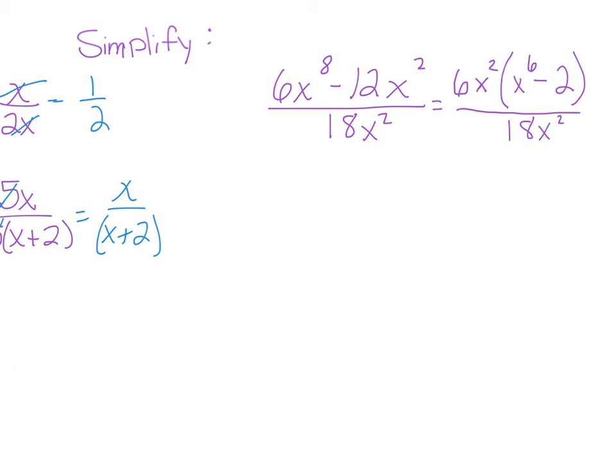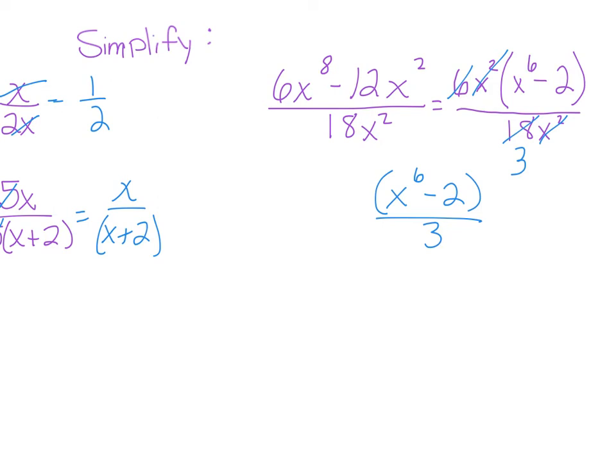Those x to the 2nds, those two front ones, can cancel. And 6 goes into 18 3 times. So for our final answer, we are left with x to the 6th minus 2 over 3. Final answer.